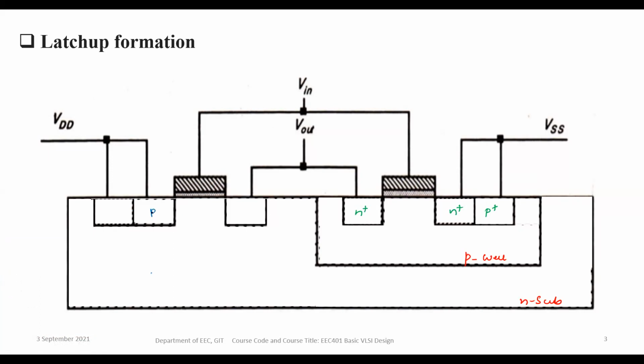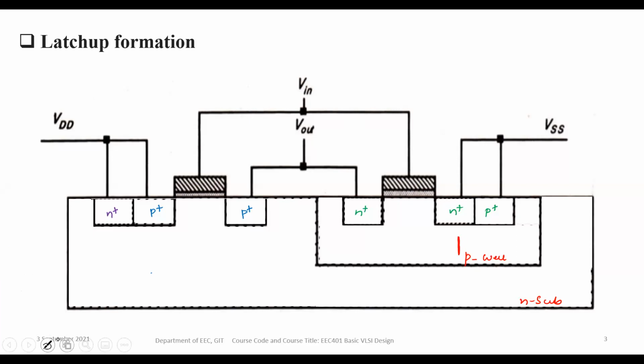In the N substrate, we have a P plus source and P plus drain, and this is an N plus, right? Now, how will the parasitics be developed there? As we can see, this P well can act as the base of the NPN transistor.